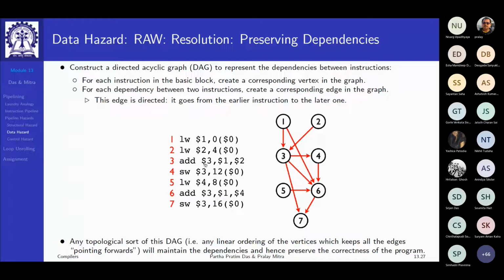Then in 3, we are computing $3, which is stored in 4. We have an overwrite of $3 in 6, and we stored that in 7. So we have a dependency from 3 to 4, 3 to 6, 3 to 7.